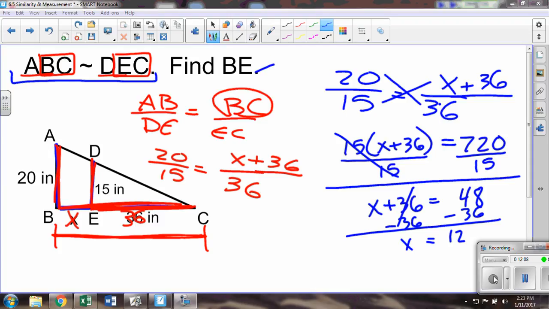And since BE is that length of X, we've got our answer that we're looking for. It's 12 inches long. And that finishes us up.